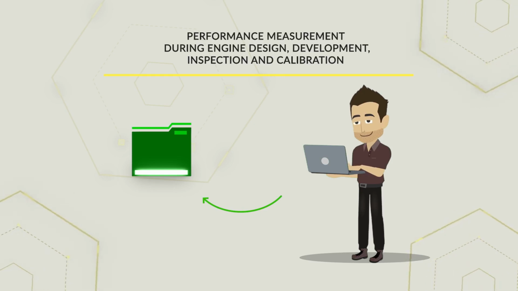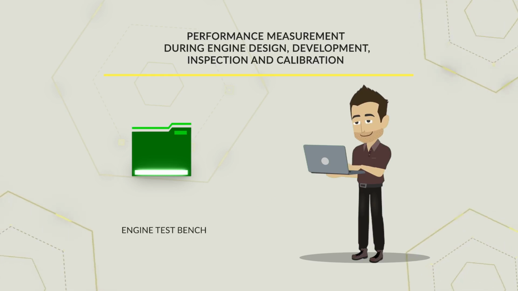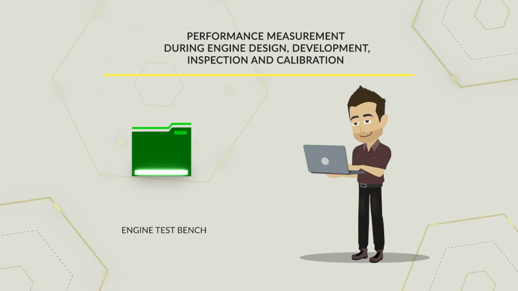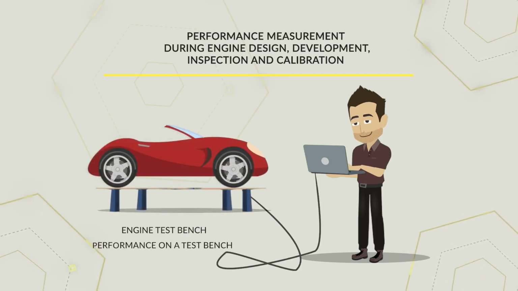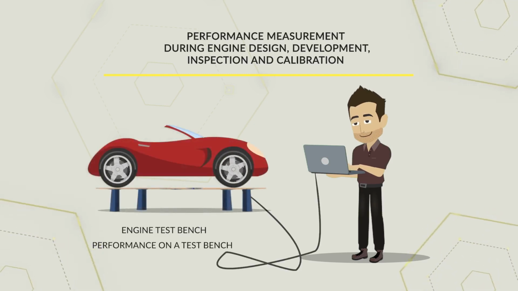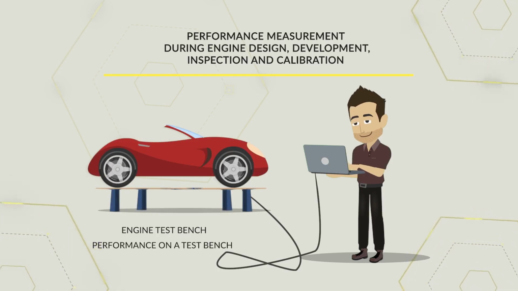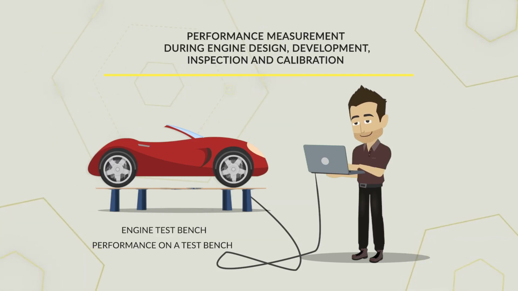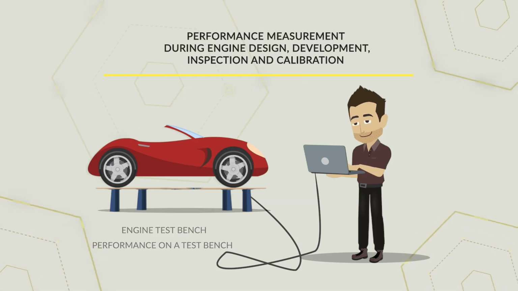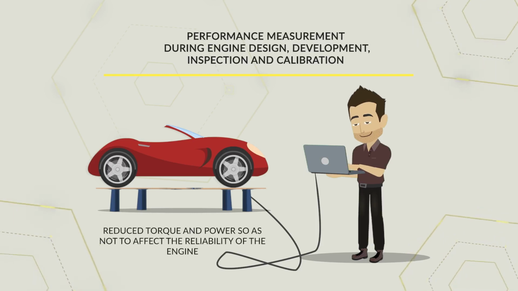During the calibration, the manufacturer carries out part of the measurements using an engine test bench, and when the vehicle prototype is ready, finishes the original mapping by measuring the performance on a test bench. The values of the maximum braking power and torque are to be considered the extreme objectives of any tuner who intends to develop the performance of the original vehicle, calibrated by the manufacturer to have reduced torque and power so as not to affect the reliability of the engine.